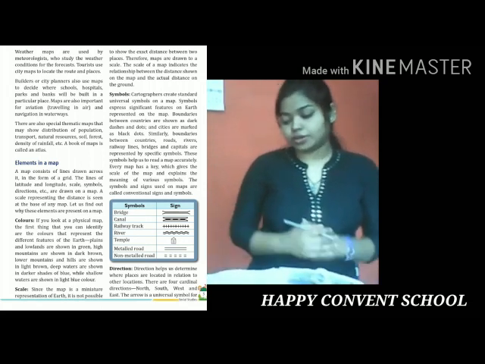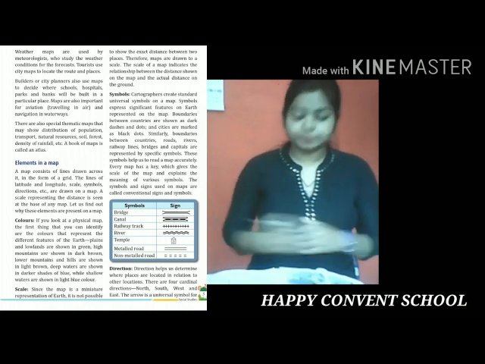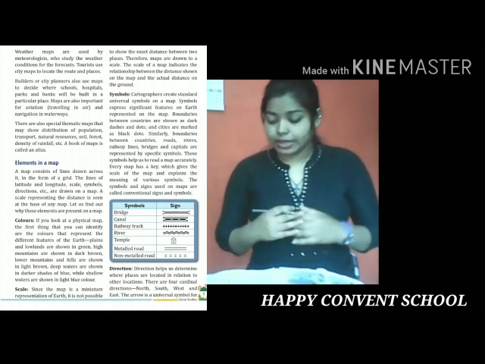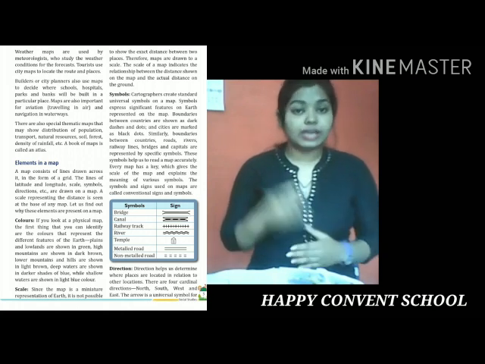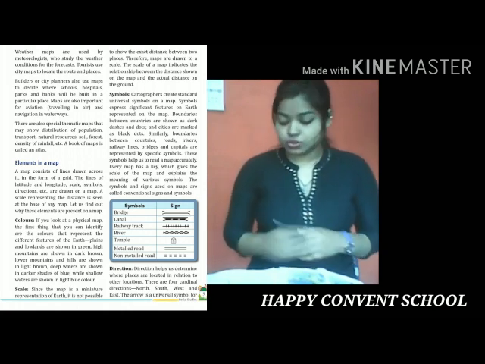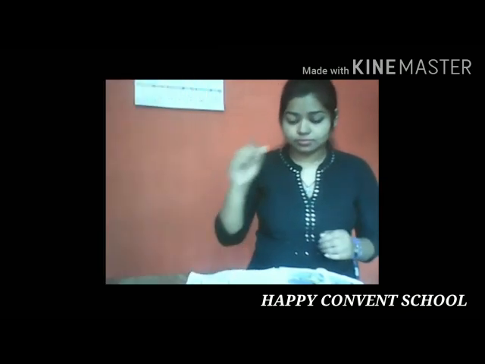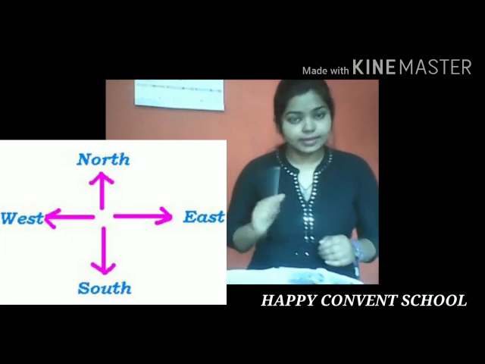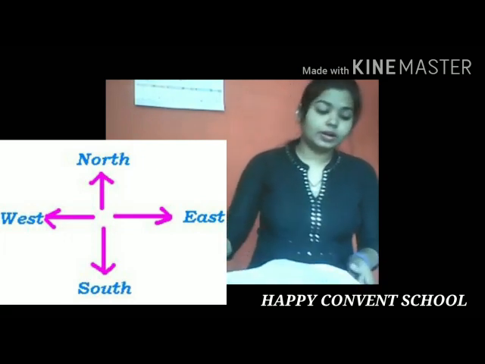In order to determine where a place is located in relation to other locations, we should have a good knowledge of direction, right? So there are basically 4 cardinal directions. What are they? North, south, east and west. The arrow is a universal symbol for direction.